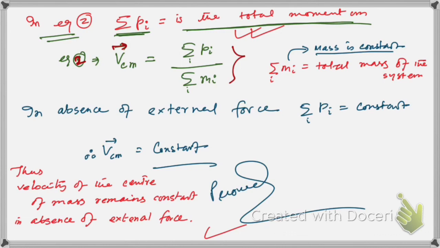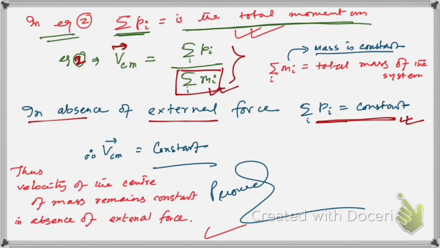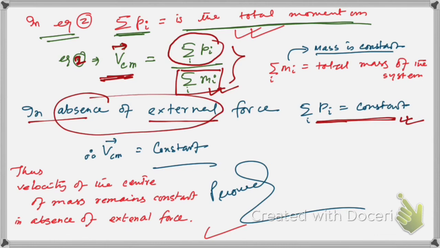Here you see, we know that mass is constant, and in the absence of external force, momentum is also constant. That is, the summation of pi is also constant. So if momentum is constant, then the velocity of the center of mass is also constant, as momentum is constant in the absence of external force, and mass is always constant.